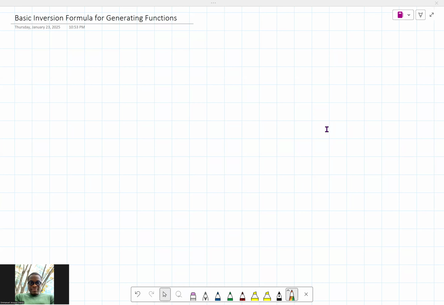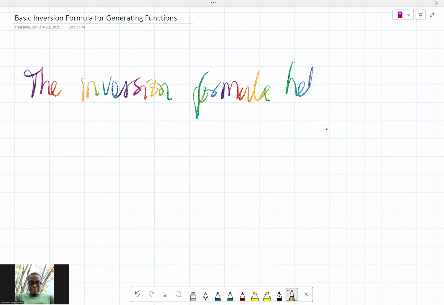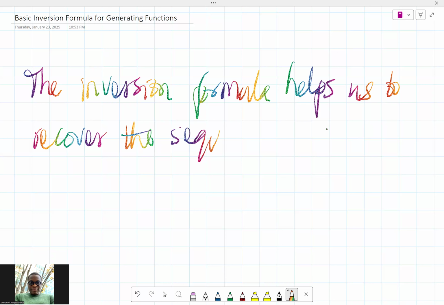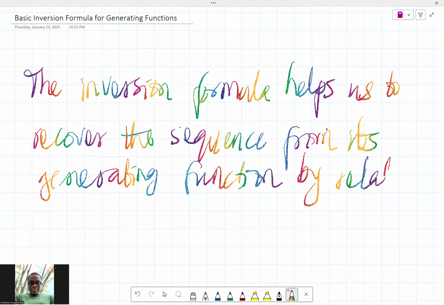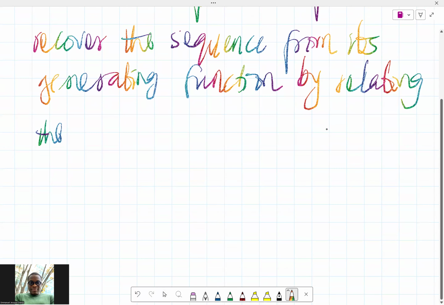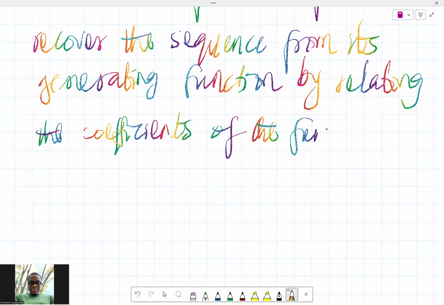The inversion formula, again, helps us to recover the sequence from its generating function by relating the coefficients of the function to the sequence of terms.